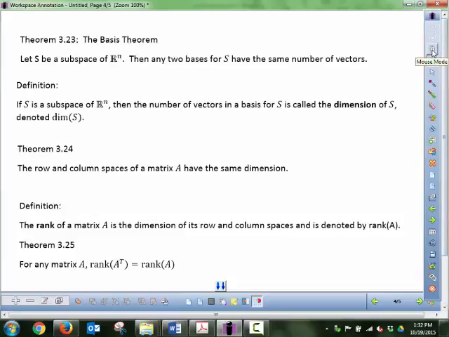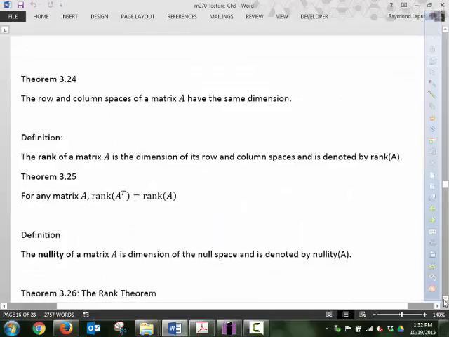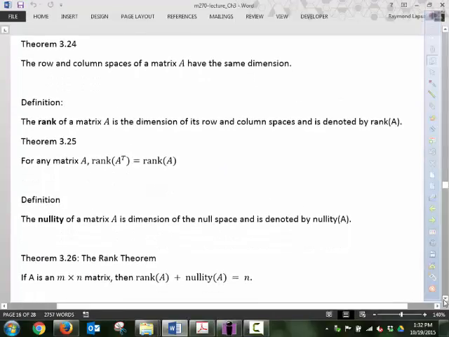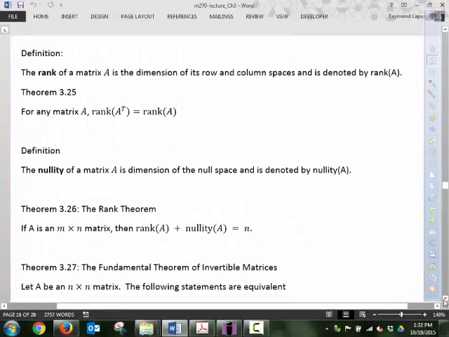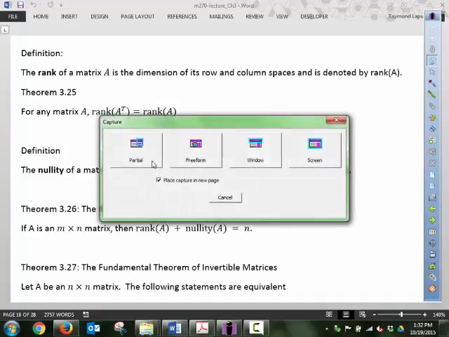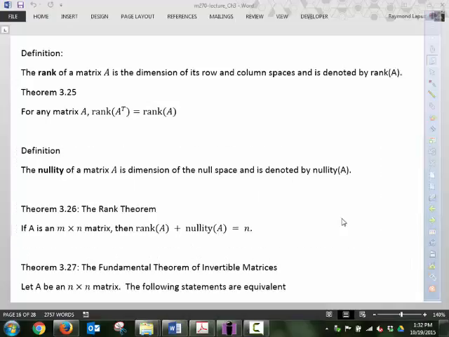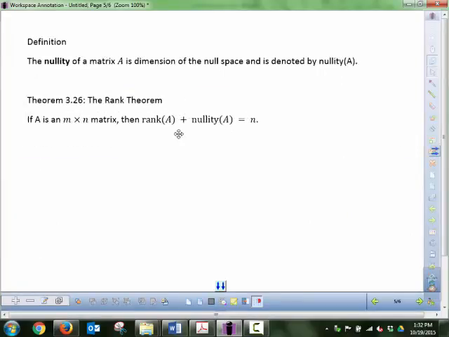All right. A whole bunch of definitions and theorems. So here's a couple more, a definition and a theorem about the null space.